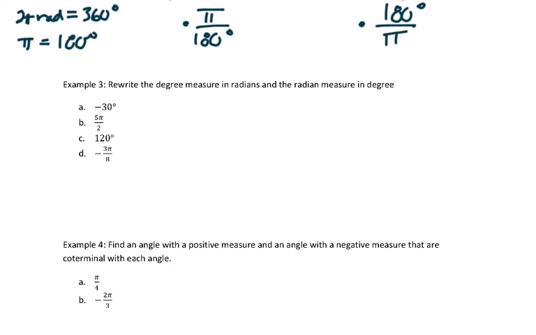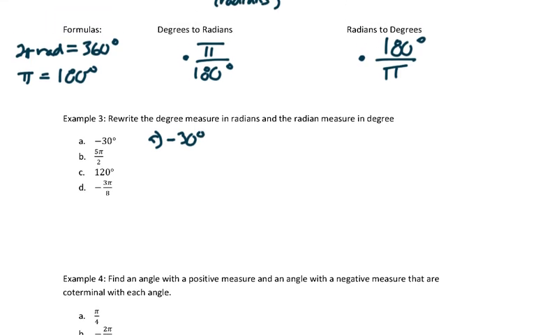All right, so 3, rewrite the degree measures in radians and radians in degrees. One way to tell, degrees will have a degree symbol generally. Radians will generally have a pi somewhere in there. So A, we're going to take negative 30 degrees and put it into radians.